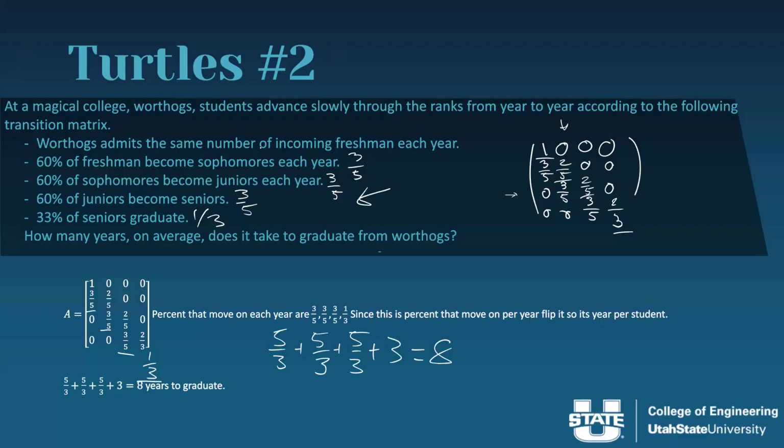Okay. I think that setting up the matrix can be helpful because these spots underneath show the progression. And what we're concerned about is how many years it takes students to progress. So that's why you're not taking the diagonal values, but the values underneath the diagonals, because that represents the progression of students.